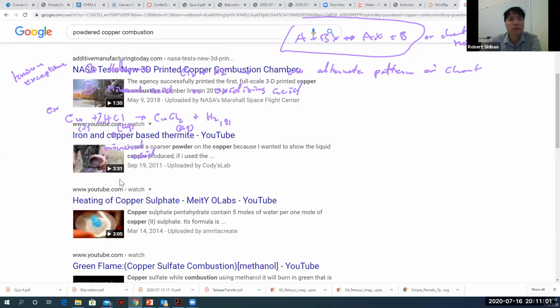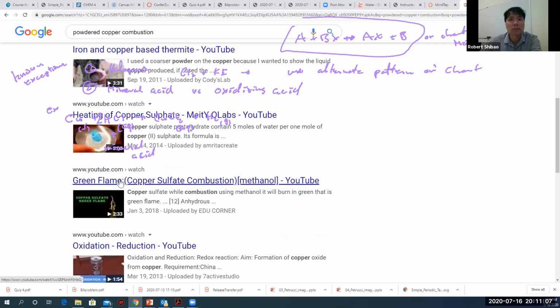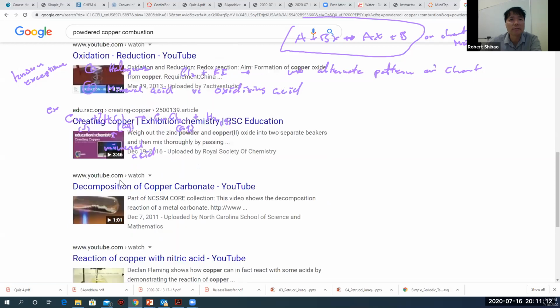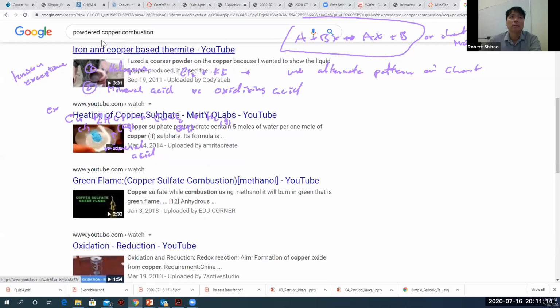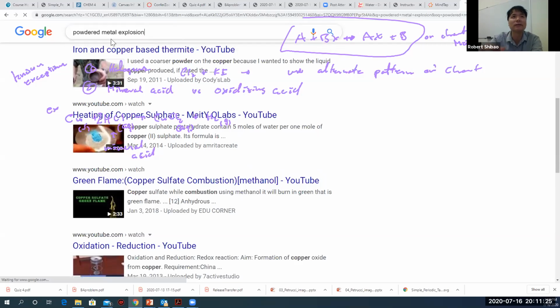In fact, it can possibly explode. Let's see if I can get a powdered metal explosion video.